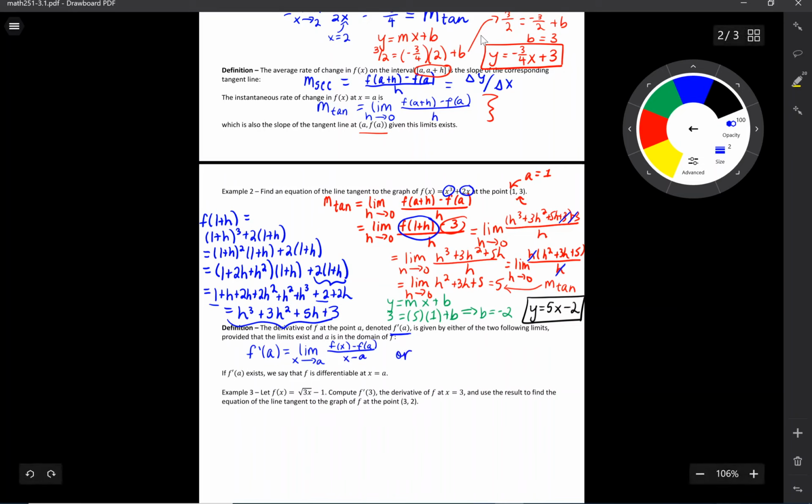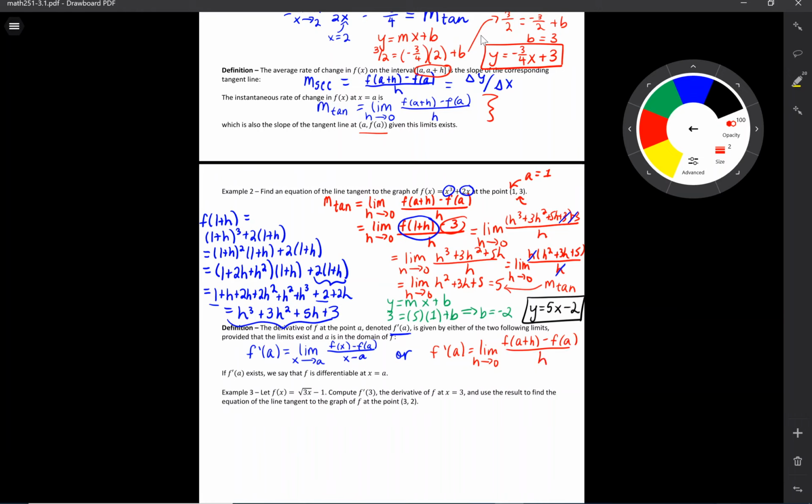Or the second version of that tangent line was f prime of A equals the limit as h goes to 0 of f of A plus h minus f of A over h.